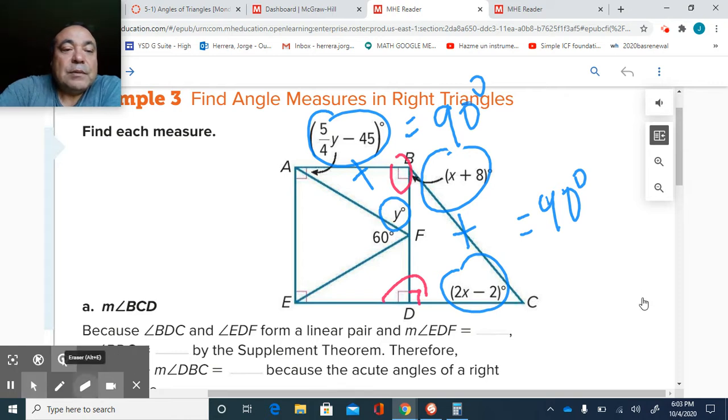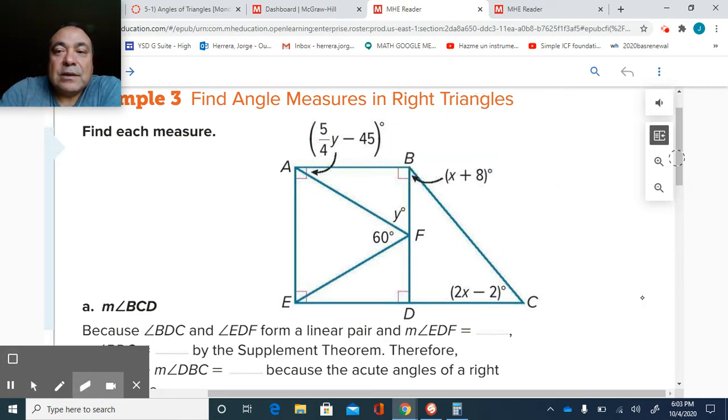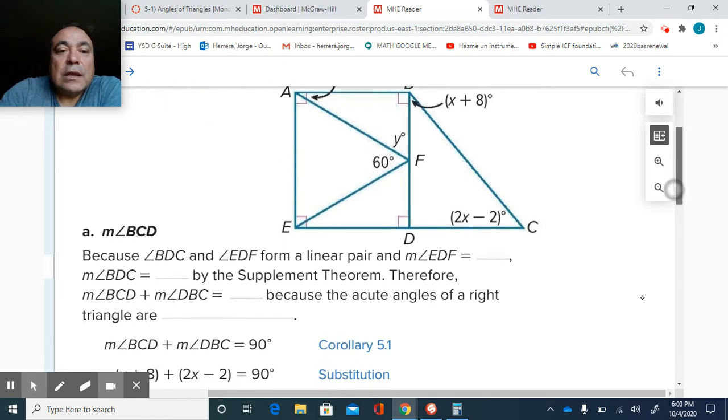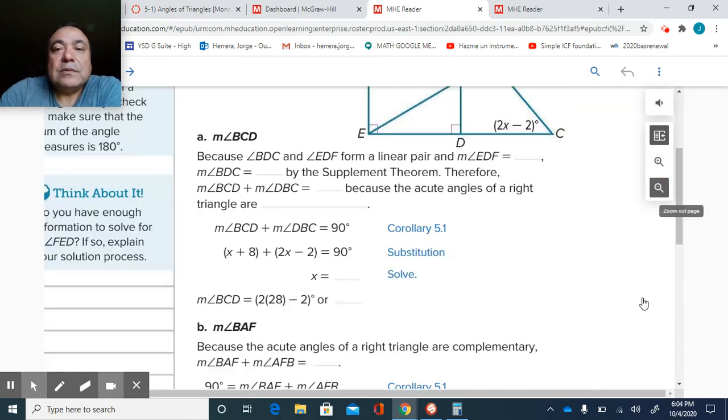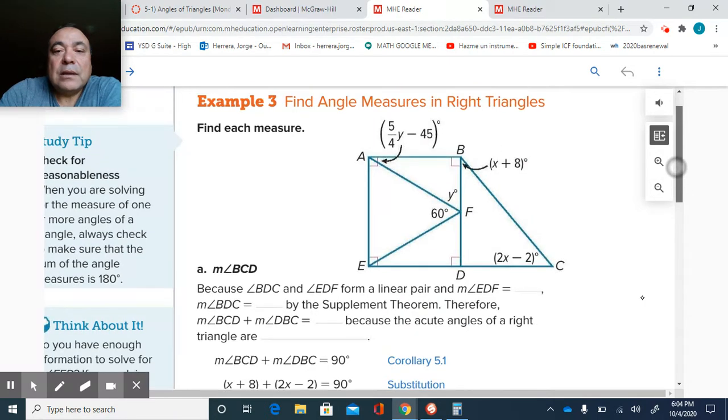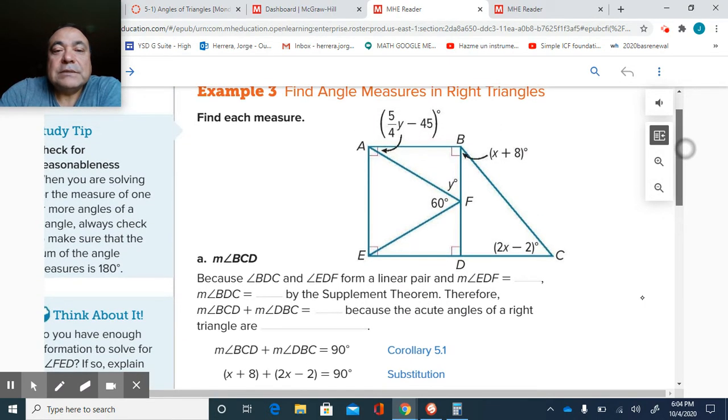Let me erase that information that we have right there. Let me just reduce this just a little bit. Okay, let me go up. Okay, because BDC and EDF form a linear pair.